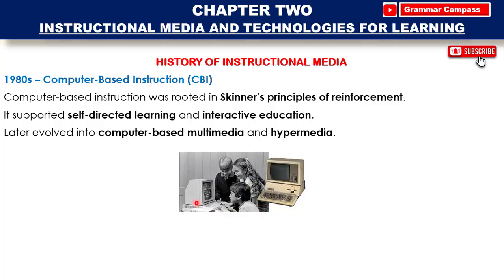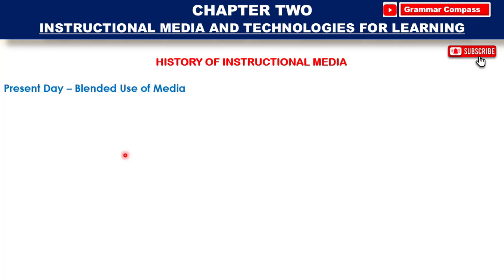So over time, CBI didn't just stay as basic question and answer formats. It grew into multimedia and even hypermedia. It added sounds, videos, images and clickable links to explore topics more deeply. Now that we've been able to trace the history of instructional media from the 1900s, what about the present day?